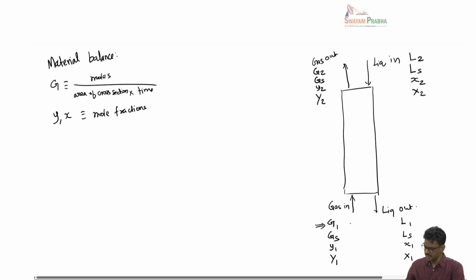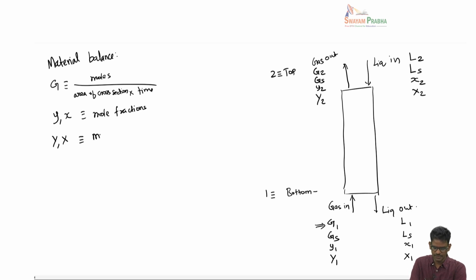The suffix 1 here means it is at the bottom of the absorber, and 2 means it is on the top side. Capital Y and capital X are all mole ratios.